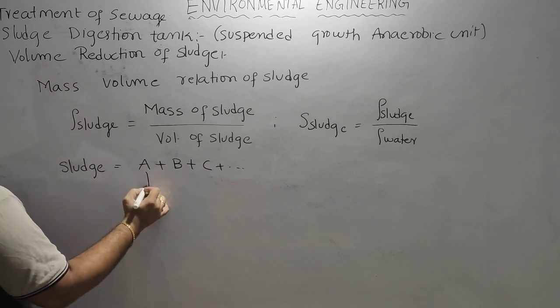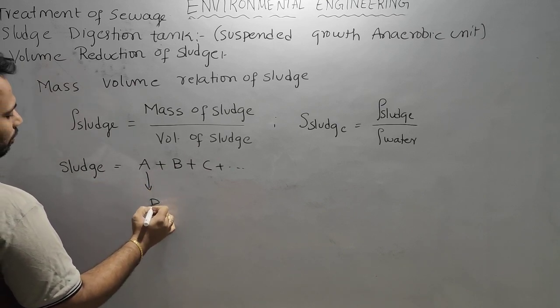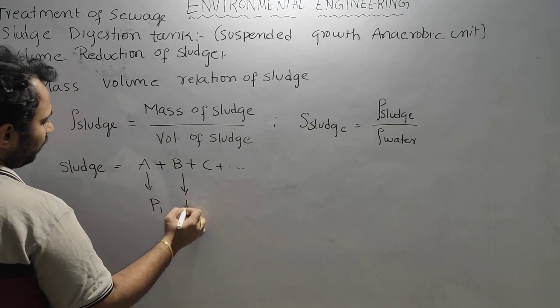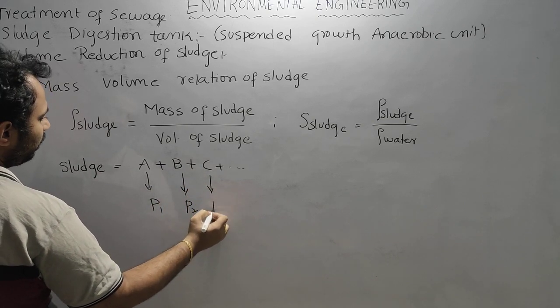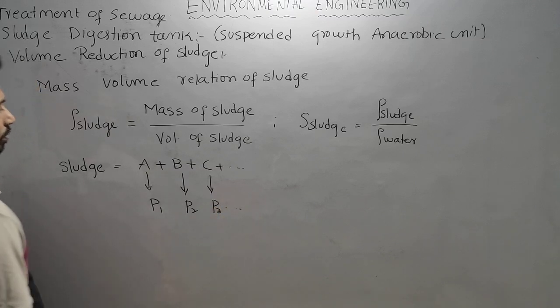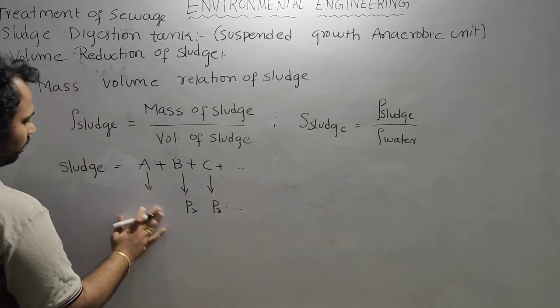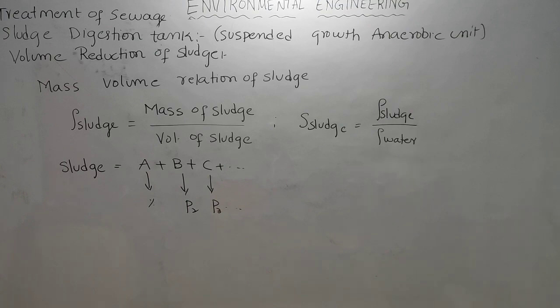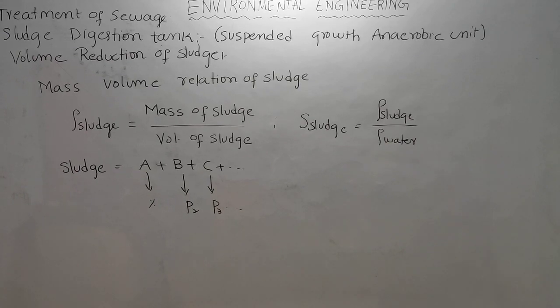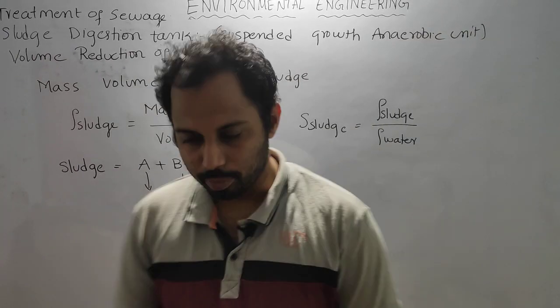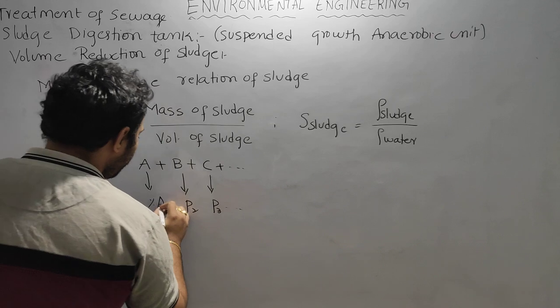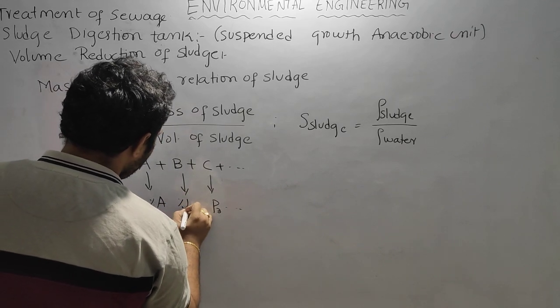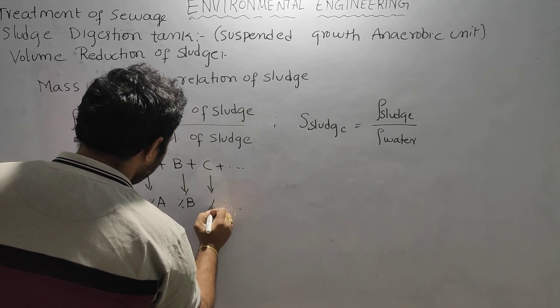Let us take the proportions as percentages: the proportion of A is percentage A, the proportion of B is percentage B, and the proportion of C is percentage C.